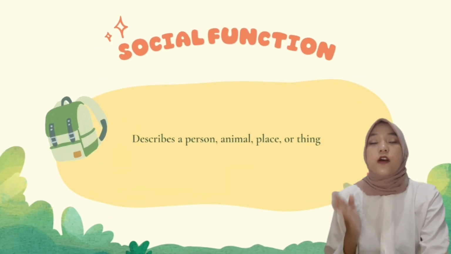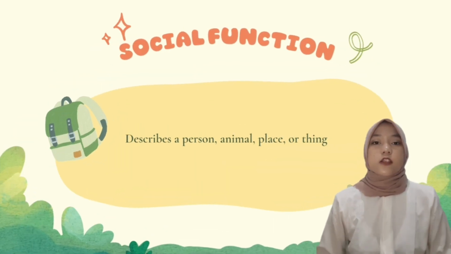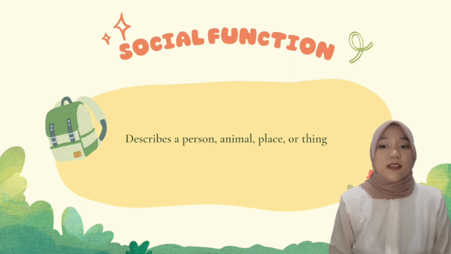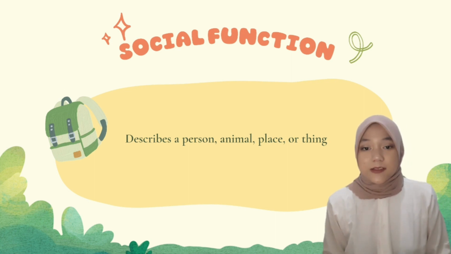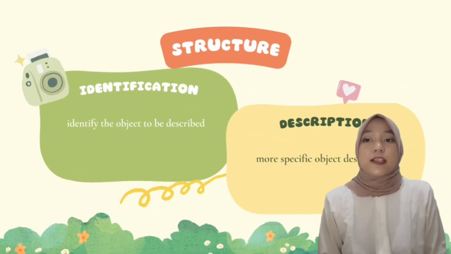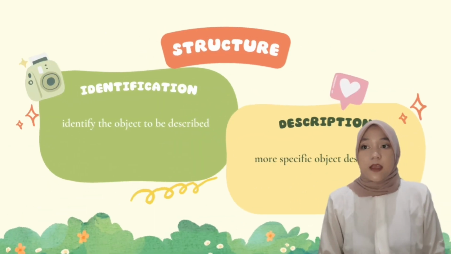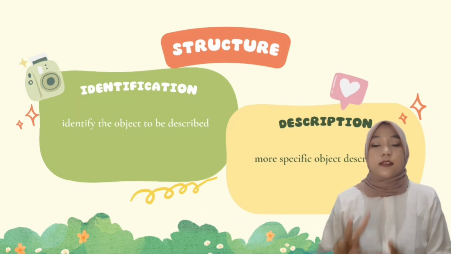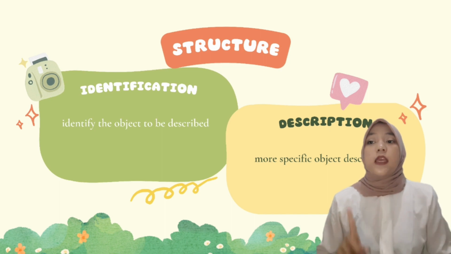Social function of descriptive text. Social function of descriptive text is to describe a person, animals, place, or thing. And then, structure of descriptive text. Descriptive text has two structures. First is identification and the second is description.